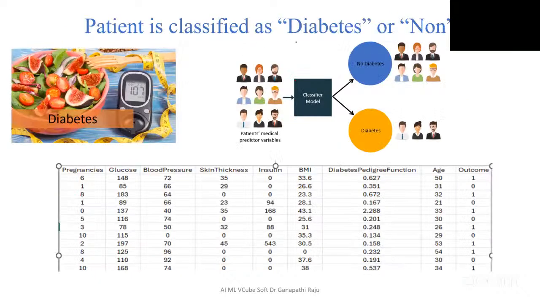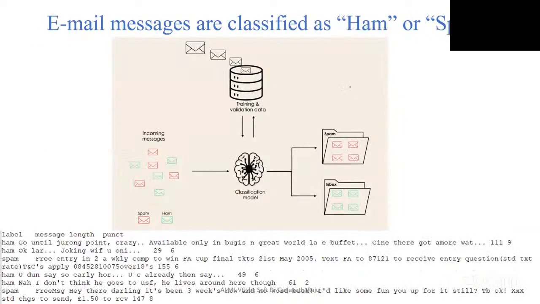Now let us take a case study: whether a patient has diabetes or not. Here diabetes yes is one class label and no diabetes is another class label. This is called binary classification. Now let us take whether an email is spam or ham.